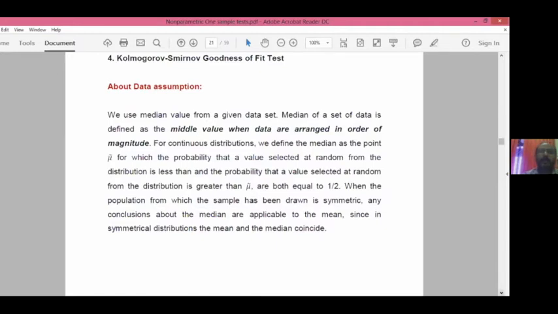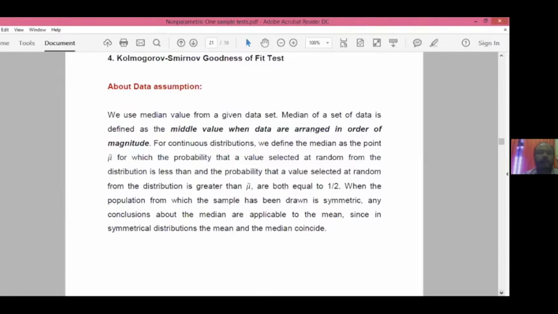For continuous distributions, we define the median as a point, denoted mu curl, for which the probability that a value selected at random from the distribution is less than mu curl, and the probability that it is greater than mu curl, are both equal to half.